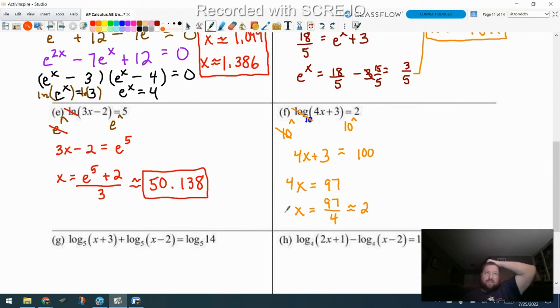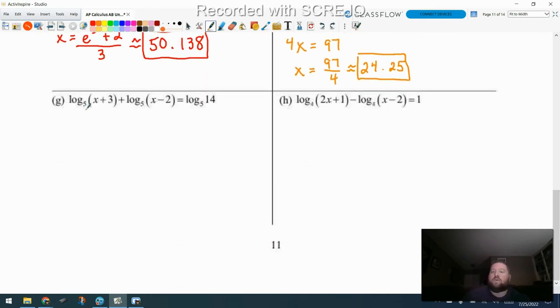Let's see. 4 goes into 97 24 times, 96, and then there'd be 1 left over, so 0.25. And if you get an exact decimal like this, you do not have to put a 0 to make it 3 decimal places. You only have to do 3 decimal places if it rounds to 3. So that's kind of why I wanted to talk about this decimal right here, is you can leave it just like that because it's an exact decimal. All right, 24.25 exactly.